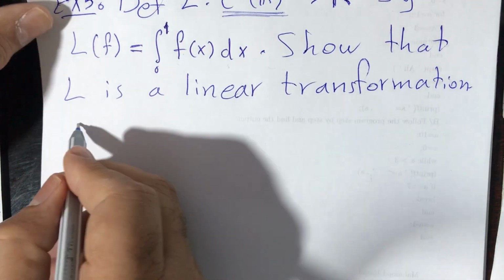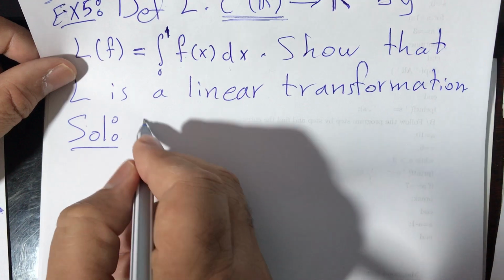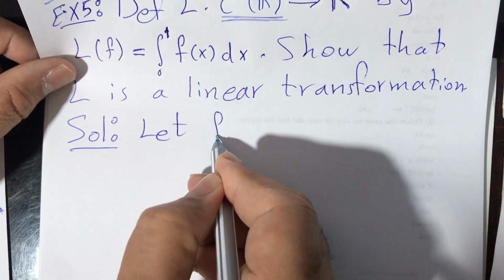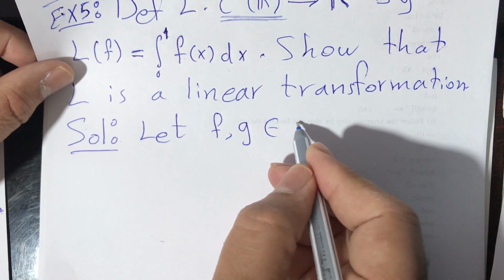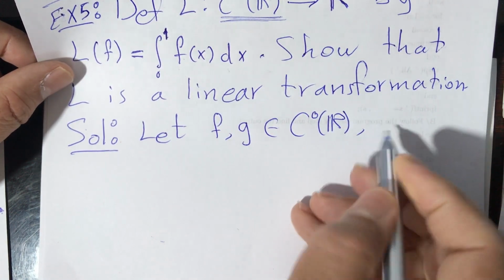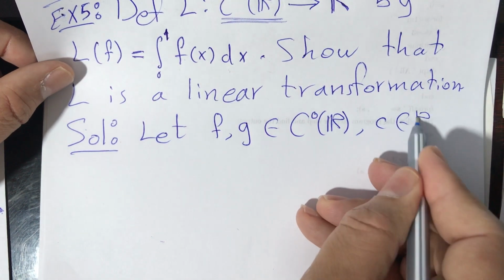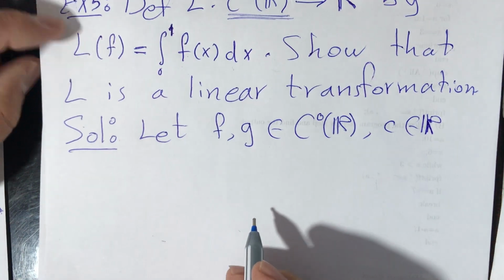Solution here. Let f, g, these two functions, belong to C of R, and c belongs to R. This is a real number, here's the scalar.